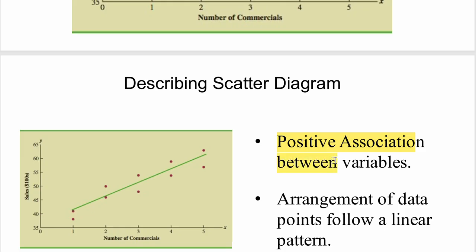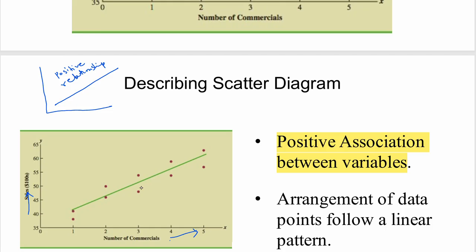Now, why do we think it's a positive relationship between the two variables? Positive relationship because as the value of X increases on the X-axis, the value of Y also increases. So whenever you make a scatter plot or whenever you view a scatter plot and it follows in this direction, that is called a positive relationship.